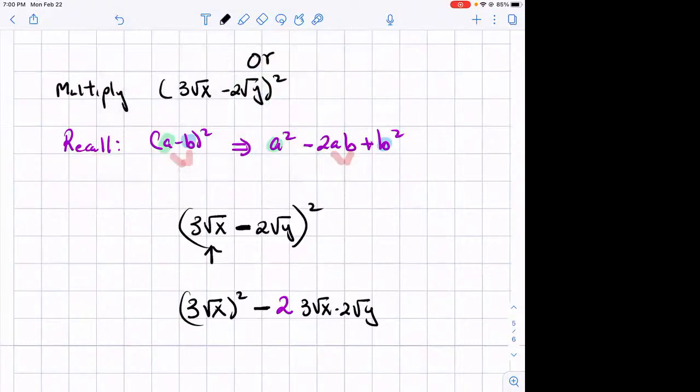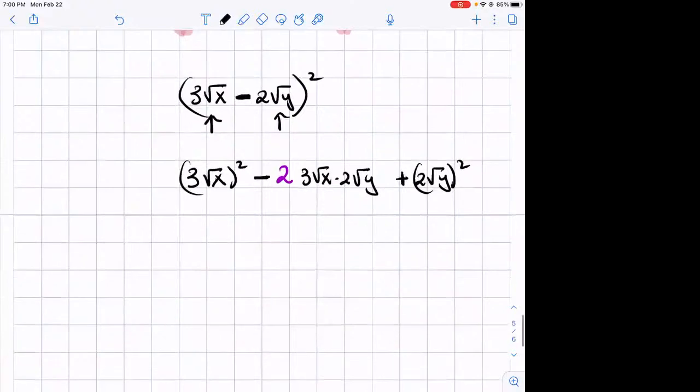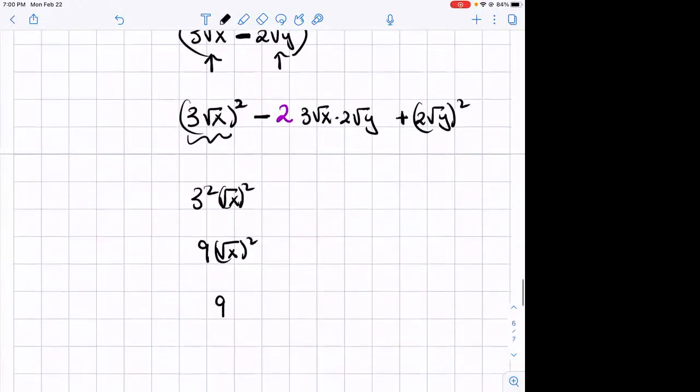Okay? And then plus the last term squared. So 2 root y squared. Now, this really means here 3 squared root x squared, right? Because you have to distribute the 2 to everything. So this is 9 root x squared, and root x squared is just x.